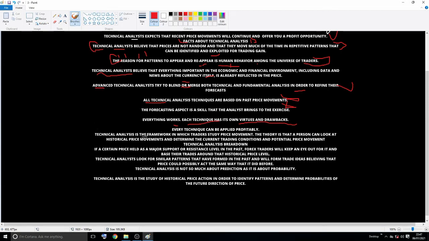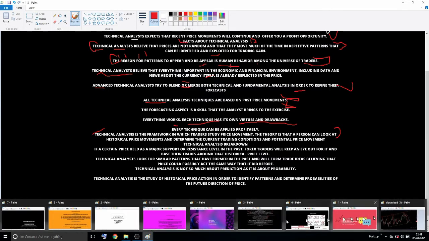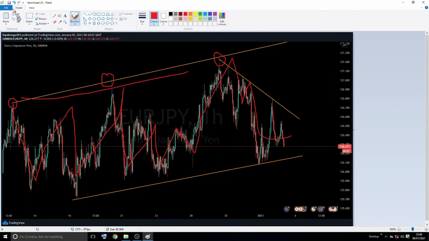Technical analysis is the framework in which traders study price movement. It is the theory that a person can look at the historical price movement and determine the current trading condition and potential price movement. So basically, you are looking at the past, trying to predict the future. You are looking at what happened in the past, and trying to predict what might happen.